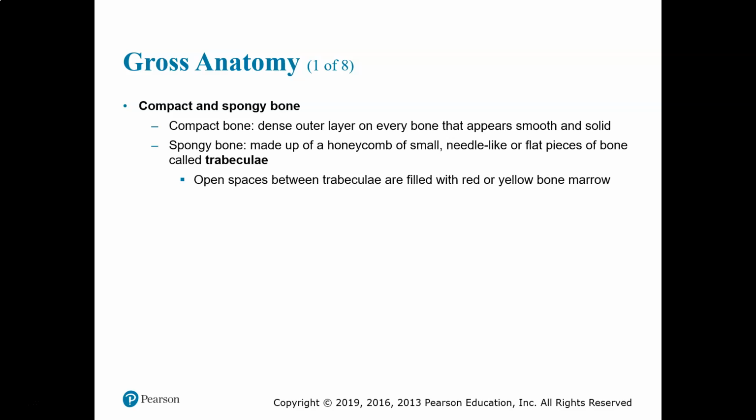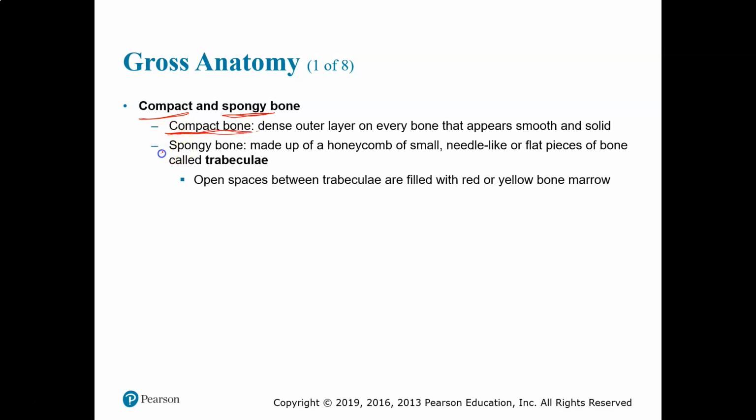Bone can be compact or spongy. Compact bone has some spongy bone lining it on the inside, but it has a very dense, thick outer layer. It's just heavier. It doesn't have as many air spaces.